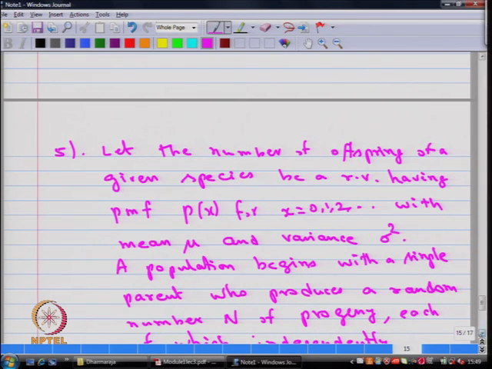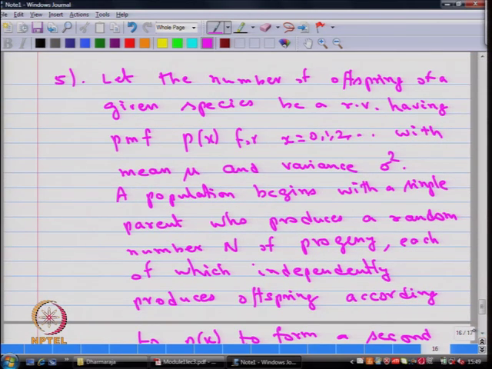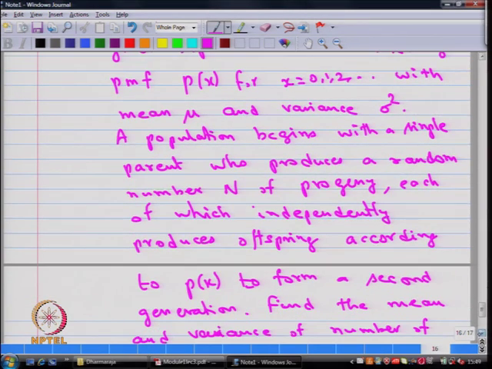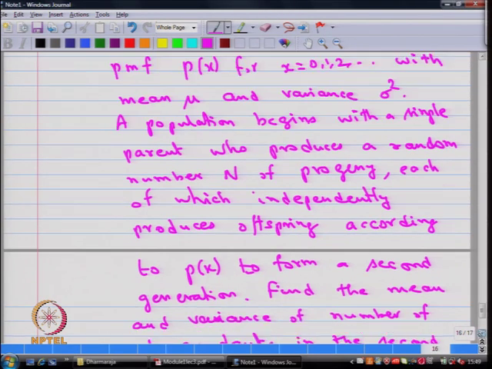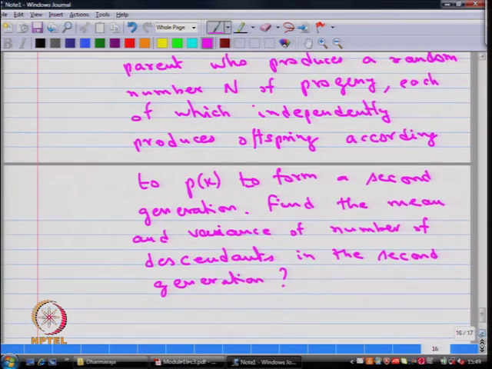A population begins with a single parent who produces a random number, say capital N, of progeny, each of which independently produces offspring according to p of x to form a second generation. Find the mean and variance of number of descendants in the second generation.